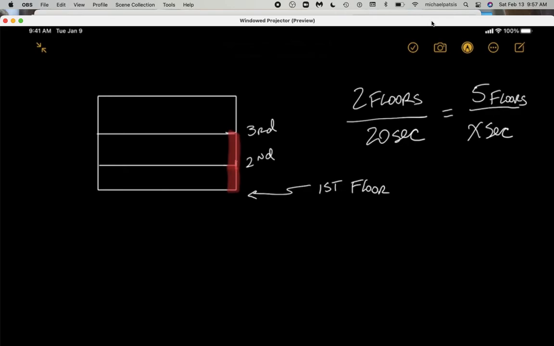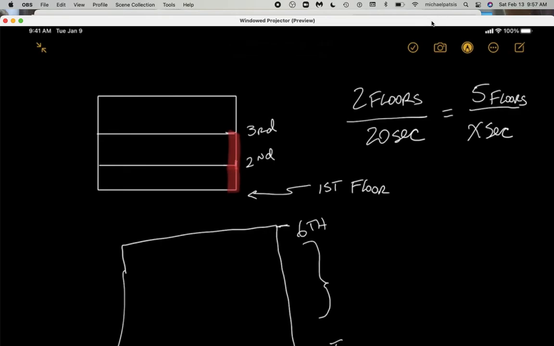So indeed, if we start on the first floor and go to the 6th floor, we will traverse a total of 6 minus 1, or the distance of 5 floors.